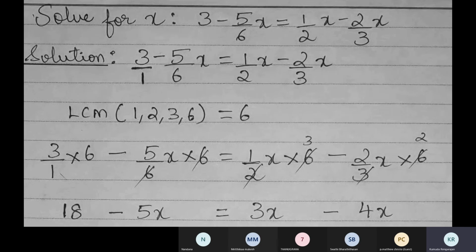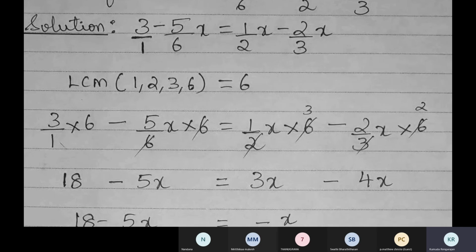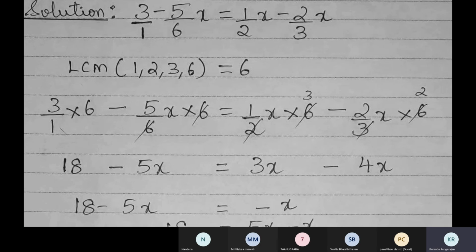Minus 1x. So you can see in the next step, 18 minus 5x cannot be simplified because they're not like terms. 18 doesn't have an x with it. Only if it was 18x, you can simplify with 5x. 18 and 5x cannot be simplified. They're not like terms.